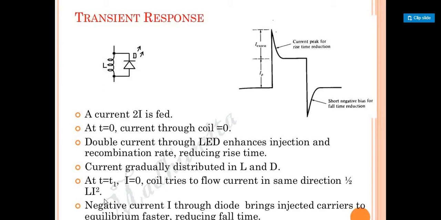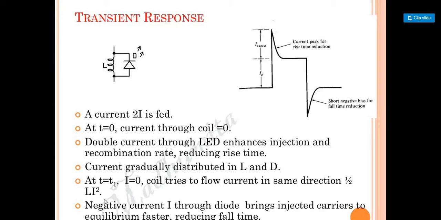If you see the capacitor, it is half C V square. We should know the energy value for both the inductor and the capacitor. Clear? So at t equals t1, whatever current we were passing through the coil is going to be given in the same direction, that is half L I square. The negative current I through the diode brings injected carriers to equilibrium faster.